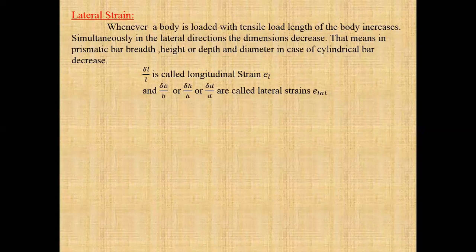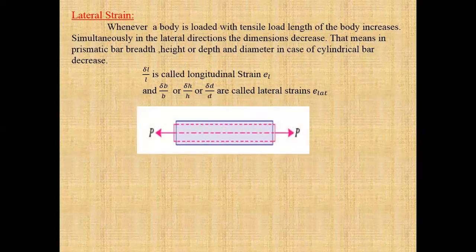And by experiment, these things I have written there. So it is like this. You just look at the figure. Length is increasing, but the height of that rectangular bar is decreasing. That would be the phenomenon. I have not shown the third dimension, only two dimensions, length and height, here.